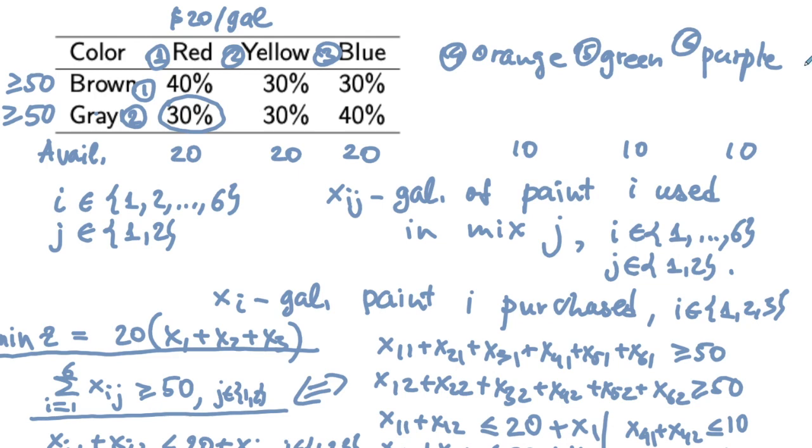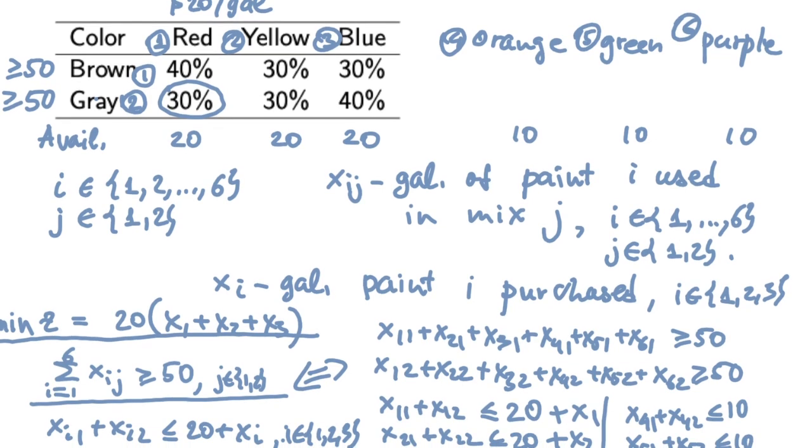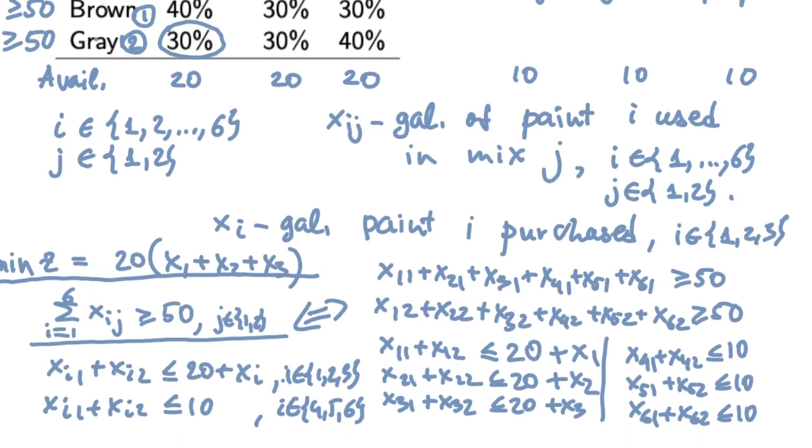However, we have to keep in mind that orange and purple are only 50% red, so their contribution towards the red color in the gray mix will be only half of the total amount that they contribute towards the mix. With this in mind, now we can write down the mixing constraint for red color in the gray mix.